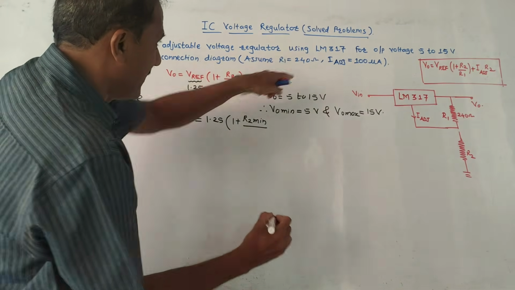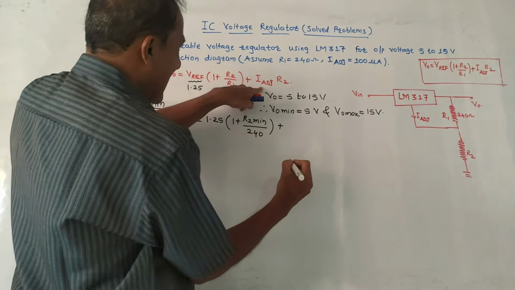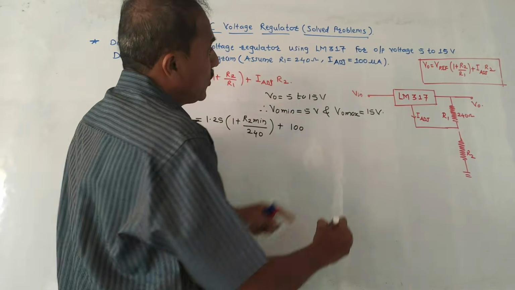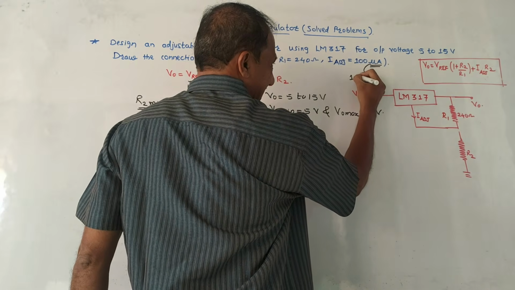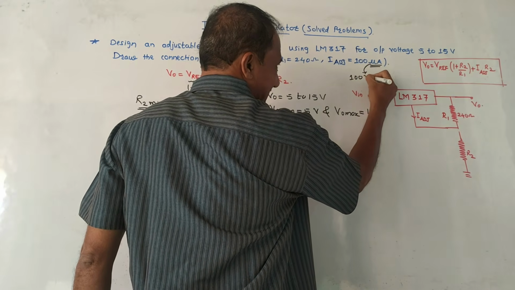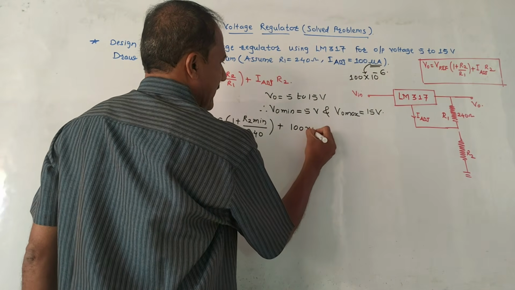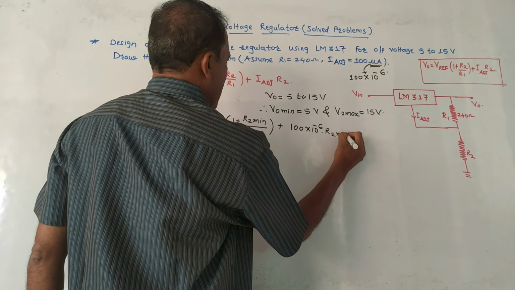Value of R1 is given, that is 240, plus I adjustment, this current is given as 100 microampere. Do remember the conversion. Microampere means we write 100, the given value as it is, into micro, which means 10 raised to minus 6. So it is 100 into 10 raised to minus 6 into R2 minimum.